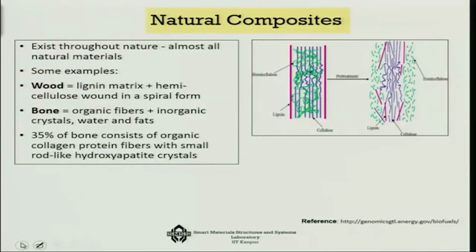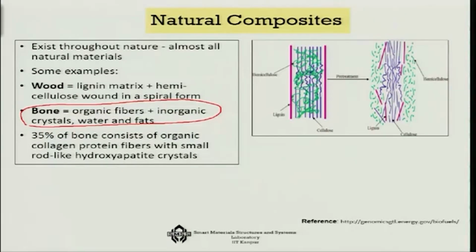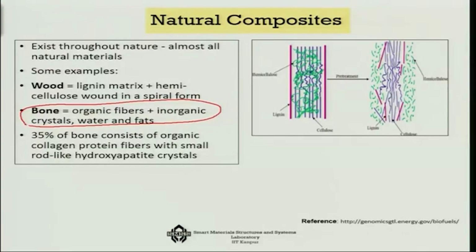So what are the examples of natural composites around us? There are at least two very good examples. One you carry within yourself, that is the bone. The bone has organic fibers and inorganic crystals, waters and fats. In fact, if you look at a bone structure, you will find that you have the collagen fiber.